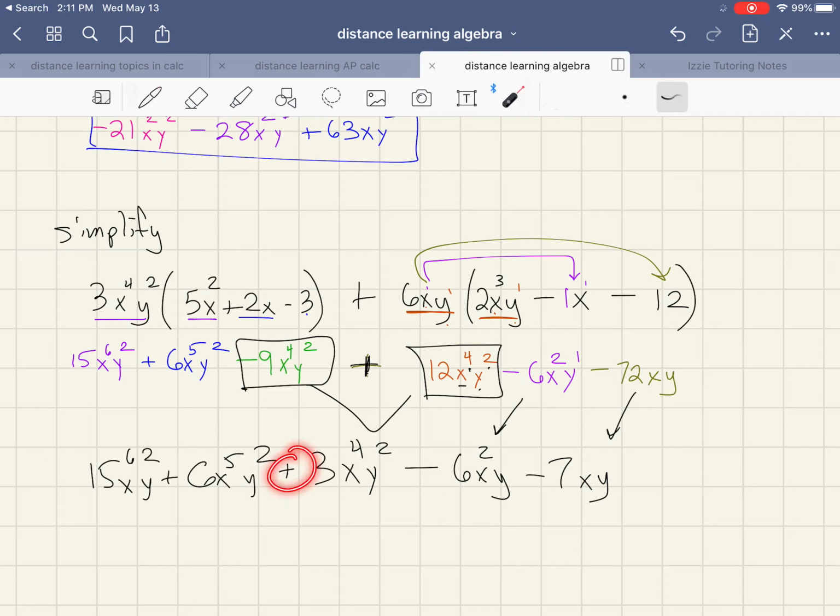One last note, you may have seen me just put a plus there. It's really important to just take a second and make sure that when I added these two pieces, that sign is appropriate. So I had a negative 9 plus 12. That is a positive 3. If it were a negative 3, this would be negative.